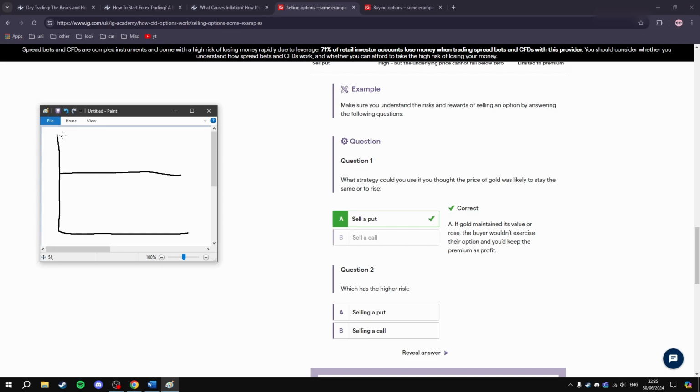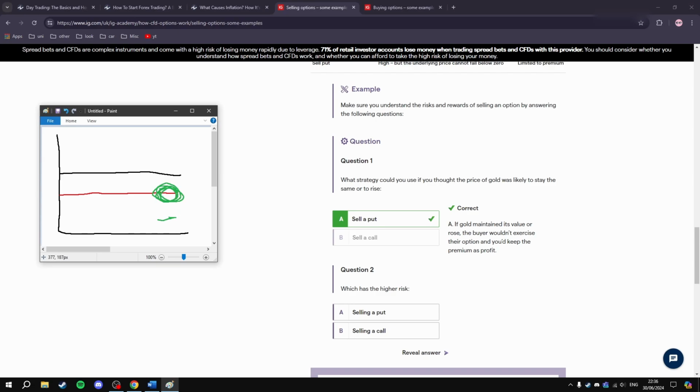So the current price is here. The buyer buys a put option, so their strike price is about here, and they're hoping the market is going to drop below, to whatever, like here, so they can sell it at a higher price over here, right?